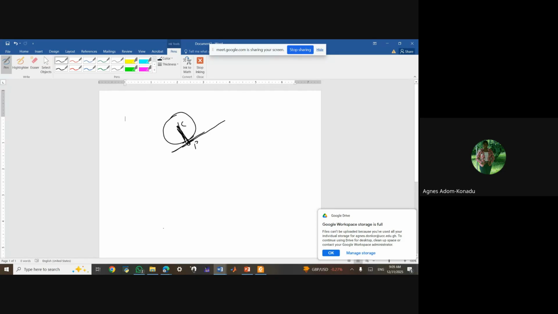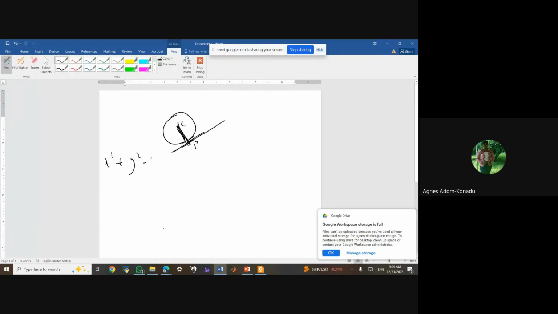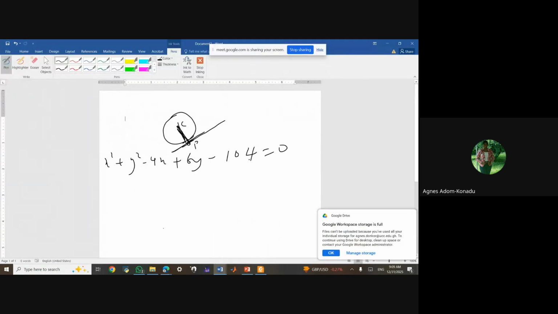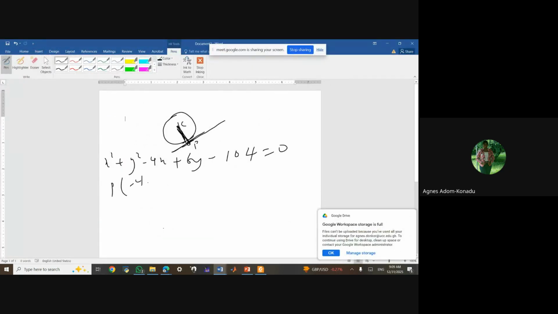So here we are given the equation of the circle to be x squared plus y squared minus 4x plus 6y minus 104 is equal to 0, and the point P is negative 4, 6.